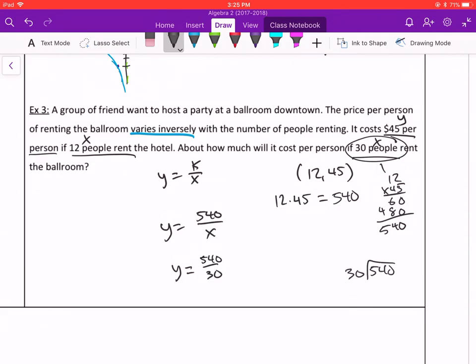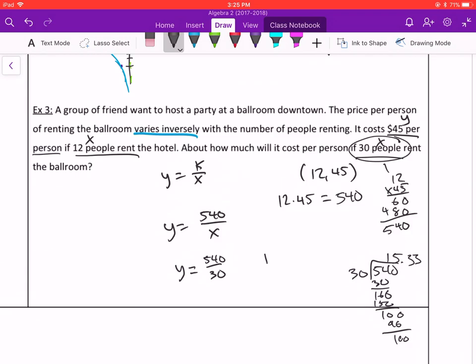You've got 30, that's one time. That's going to be 16. 5 times 30 would be 150. Bring it down to 100. 3 times 30 would be 90. Bring it down to 133. So it could go on, but roughly $15.33 per person. All right?